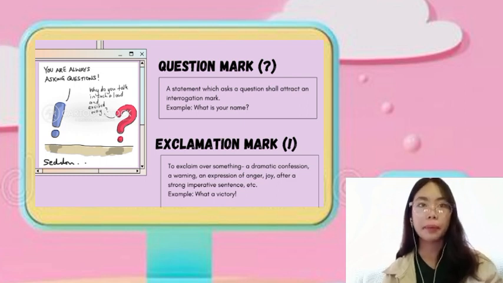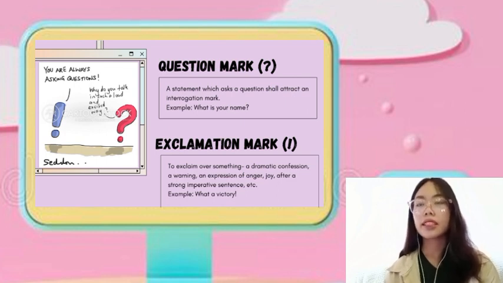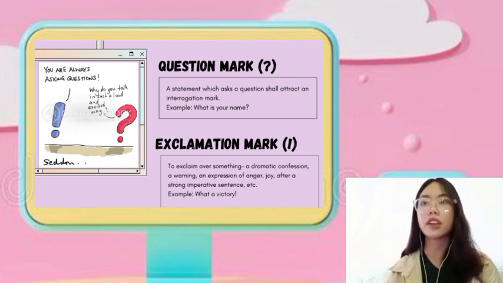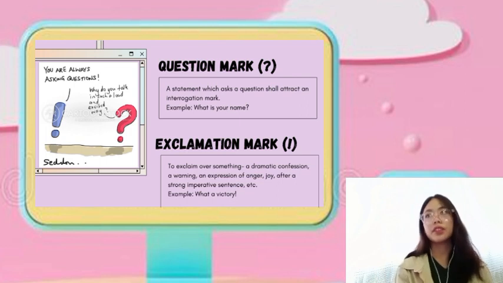For example, what is your name? So that sentence is an interrogative sentence and we must put a question mark at the end of it. Exclamation mark, on the other hand, is used to exclaim over something, be it a dramatic confession, a warning, an expression of anger, joy, after a strong imperative sentence, etc. Example is, what a victory!